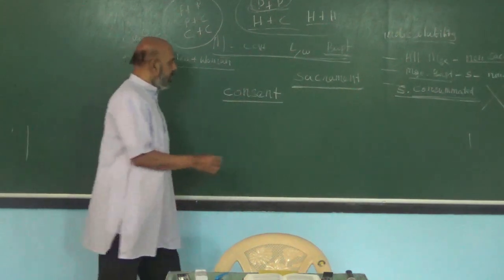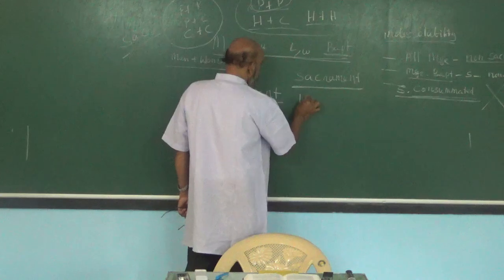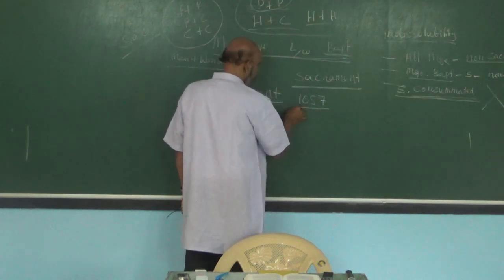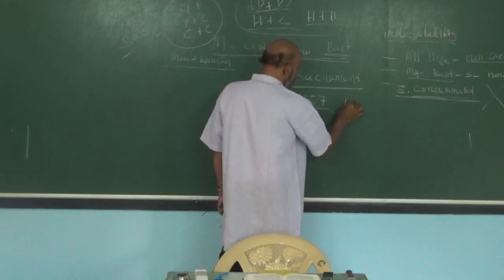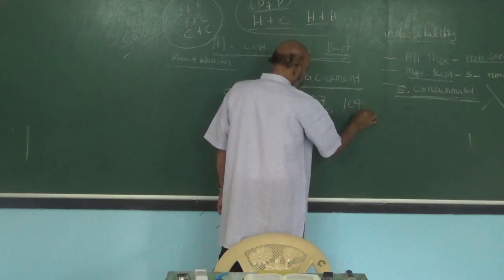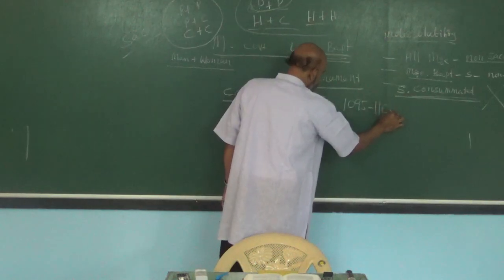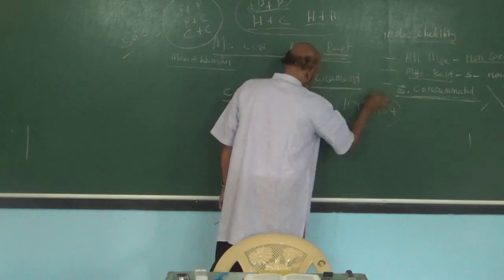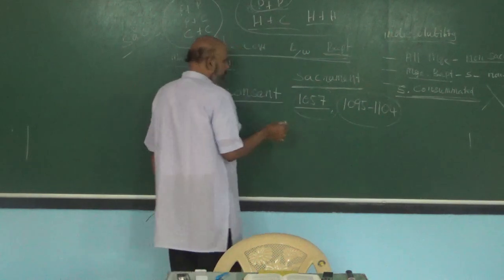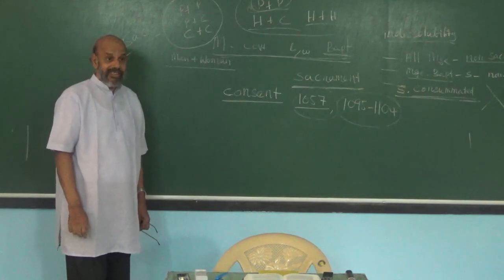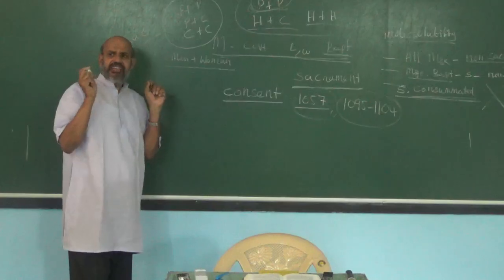It is explained in Canon 1057 and also 1095 to 1104. What is consent? When can consent be invalid? All that is said there. So the first thing is consent.